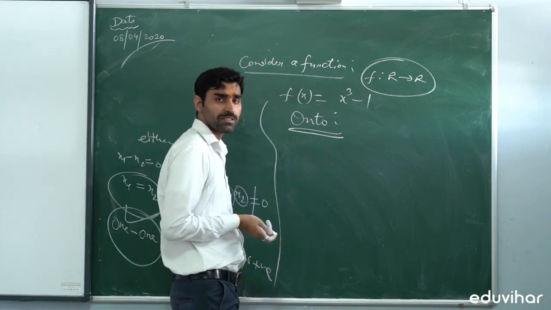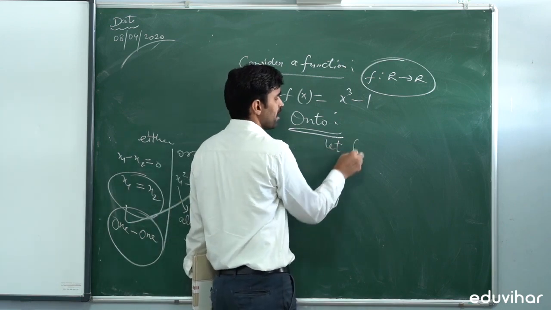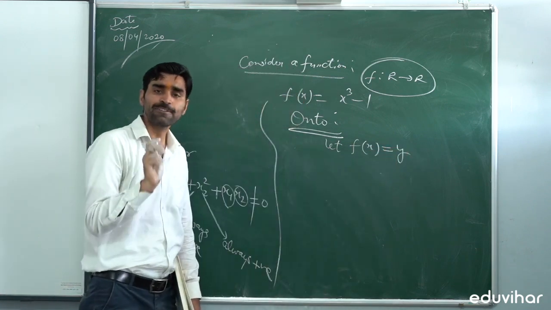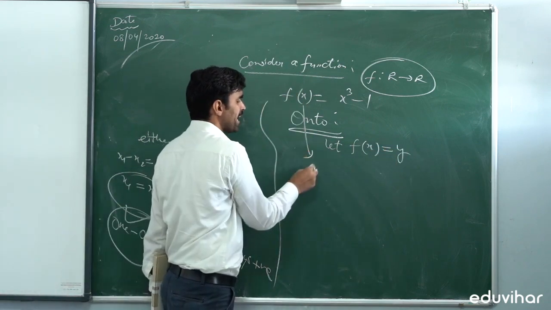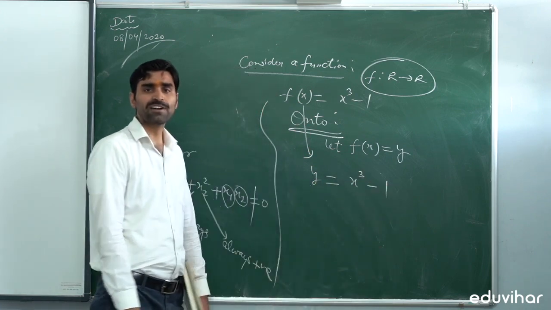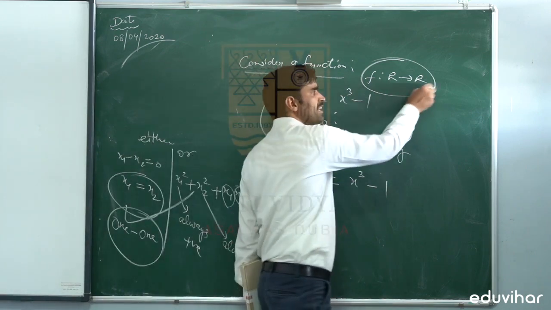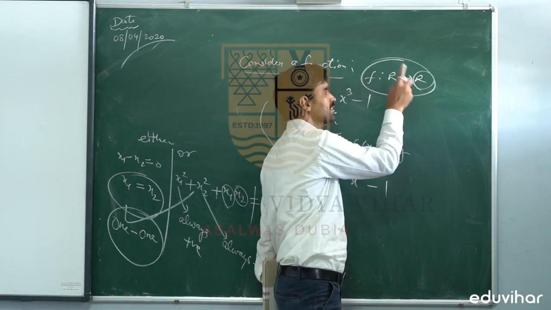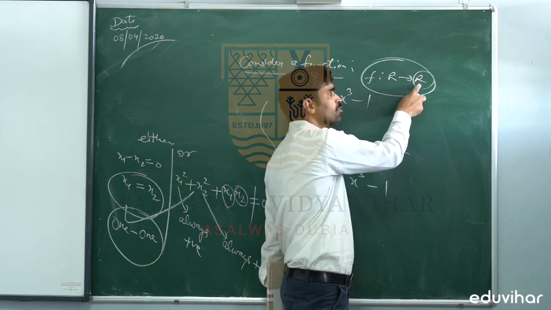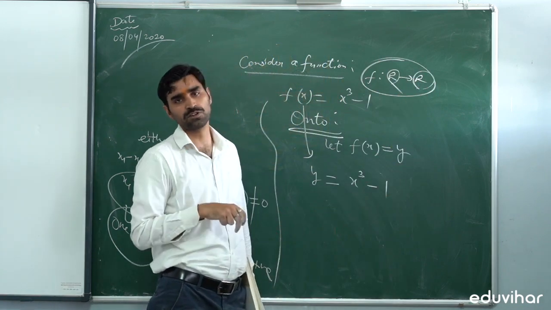That is surjective. We have to check its surjectivity for an onto function. For an onto function, let f(x) equal to y. Then we have y equal to x cube minus 1. We have to check that every element in the codomain has its pre-image in the domain.